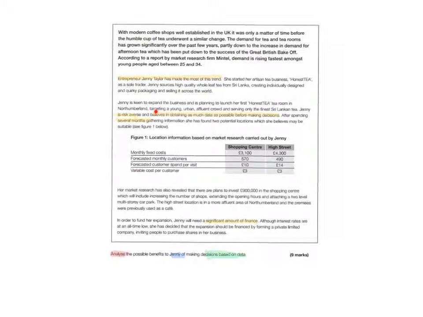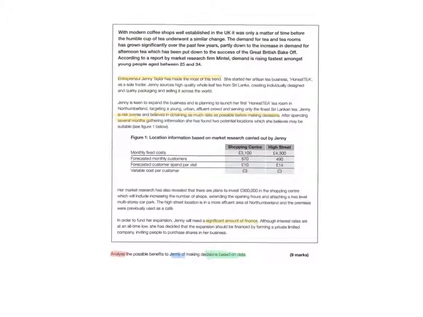Also, she believes in obtaining as much data as possible before making decisions, so that suits her personality, which also links to the fact that she's not keen on taking risks. She tries to avoid gigantic risks and would rather look at calculated risks. She's willing to put the time in. She spent several months gathering information, and furthermore, she has a significant amount of finance that she will need in order to carry out this decision.